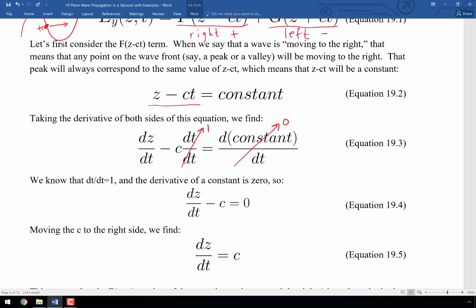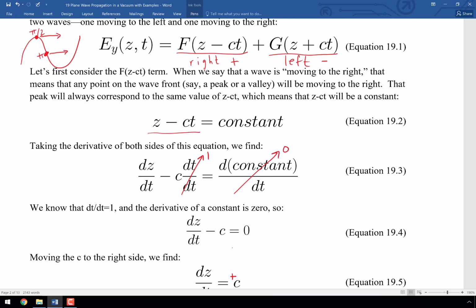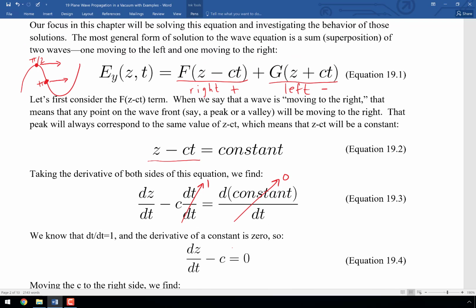So we find that dz/dt minus c is equal to 0, or dz/dt equals c. Now there's an implied plus sign there because that wave is moving toward the right, or toward positive values of z. If we did a similar derivation of the z plus ct term, we would find that it was moving toward the left, or toward negative values. It would have a negative c for its velocity.